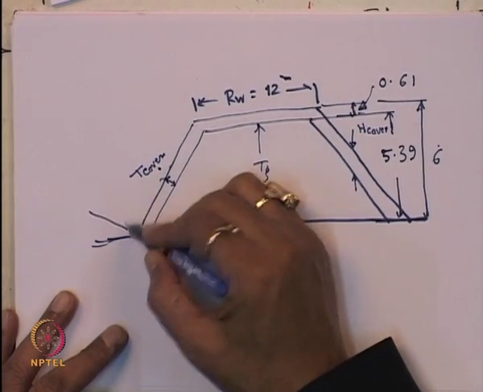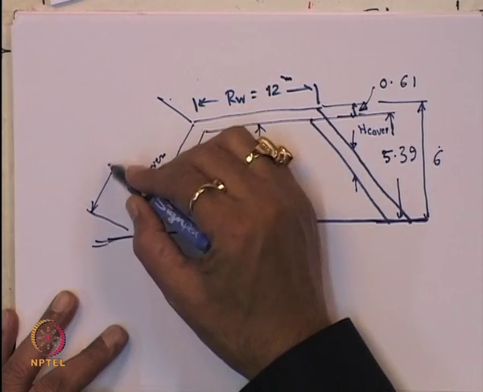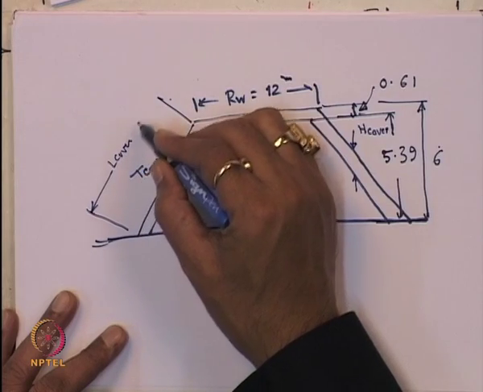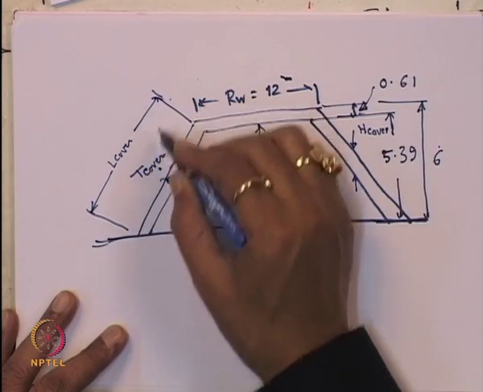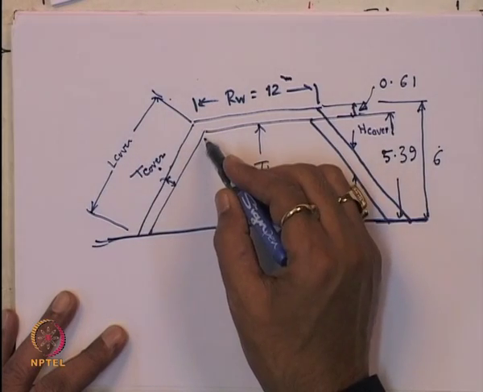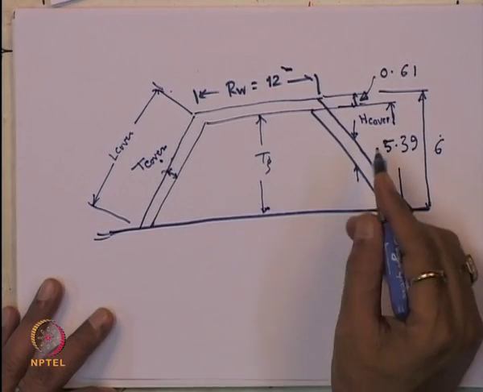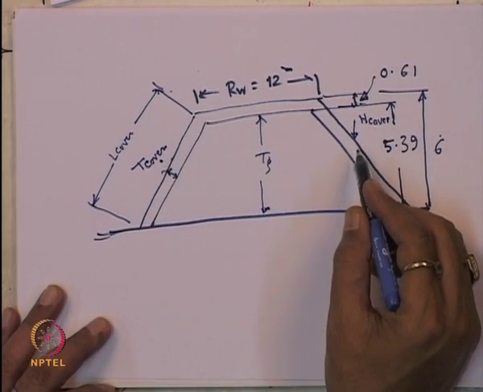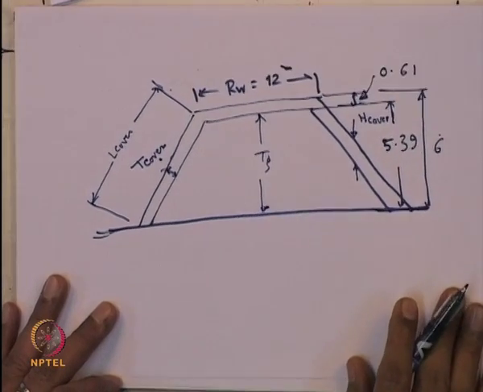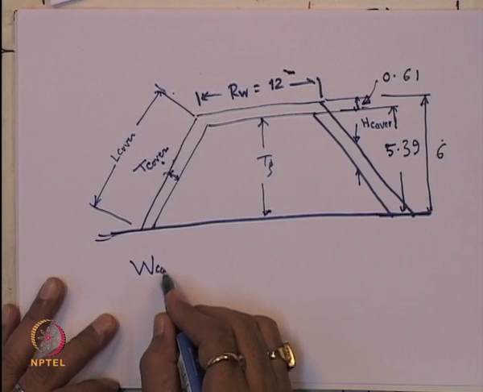And also this is, let us say, L cover. That means this is the length of the soil cover on the side of the embankment. So, we have to calculate what is W cover. To calculate the W cover, you can write this equation.